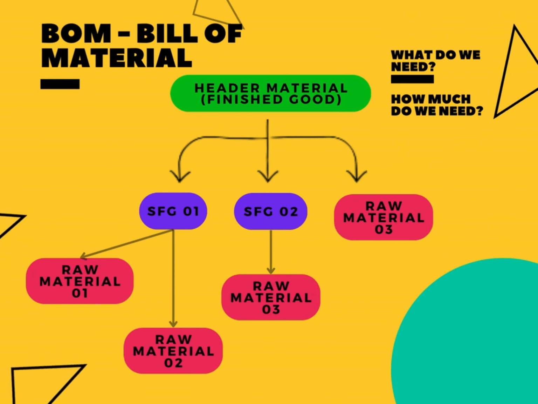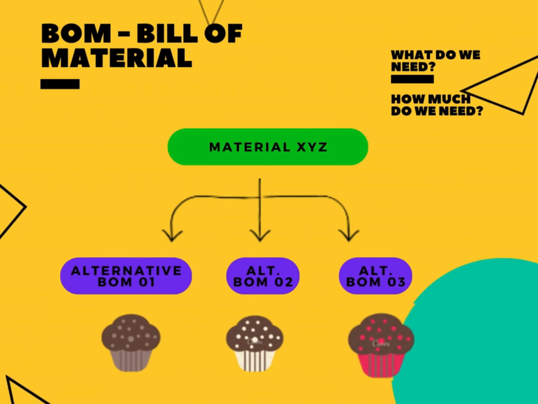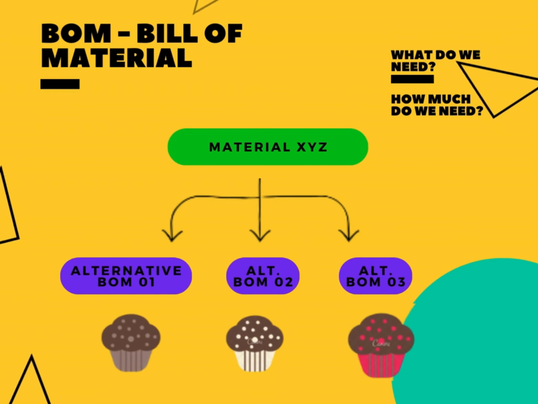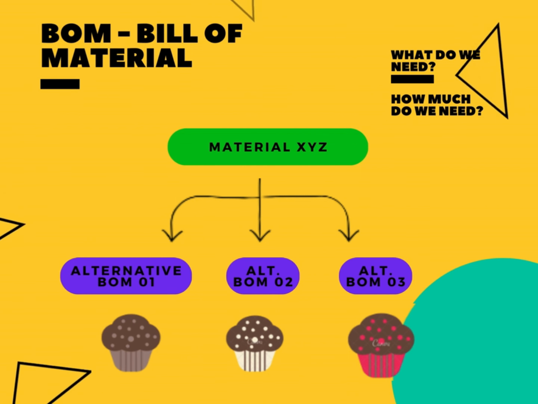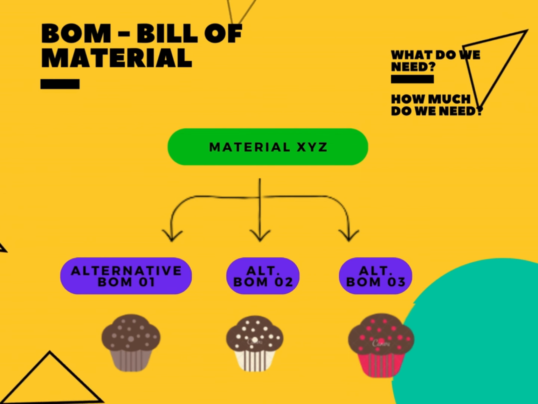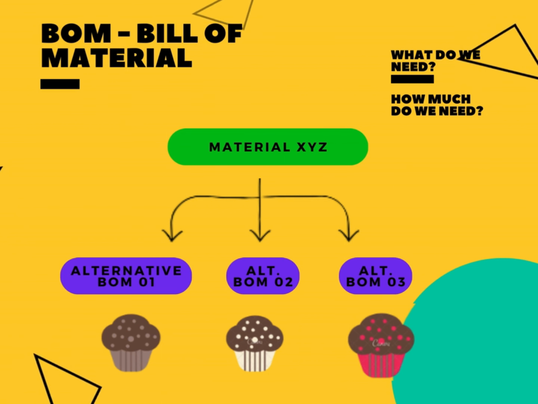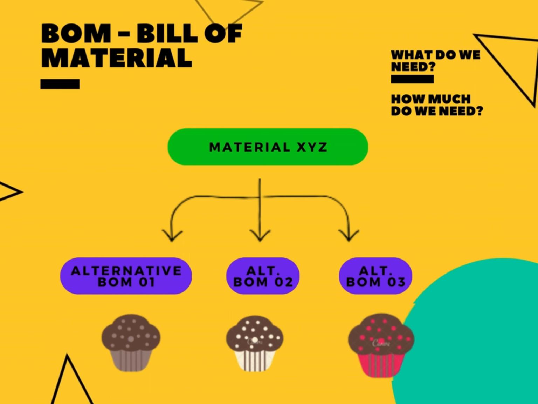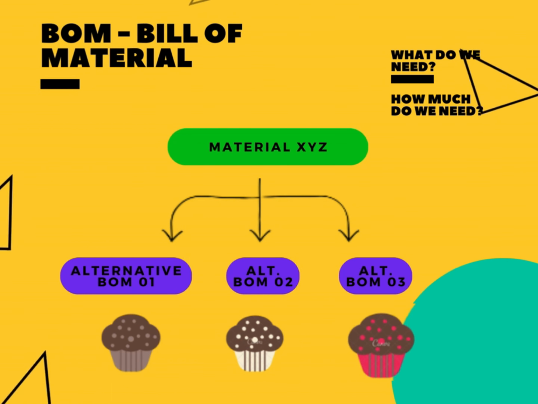This also has the flexibility to create multiple alternative BOMs, similar to having different recipe options for a single dish. Additionally, for products with variations, the concept of a super BOM is introduced. This is analogous to having all potential ingredients for different flavors with the specific components selected based on the customer's order.